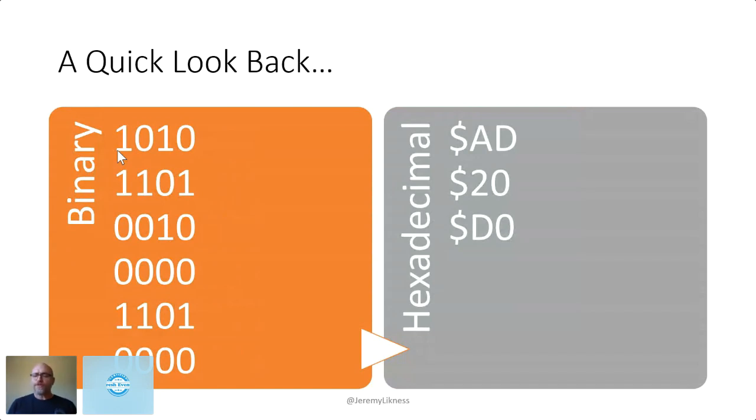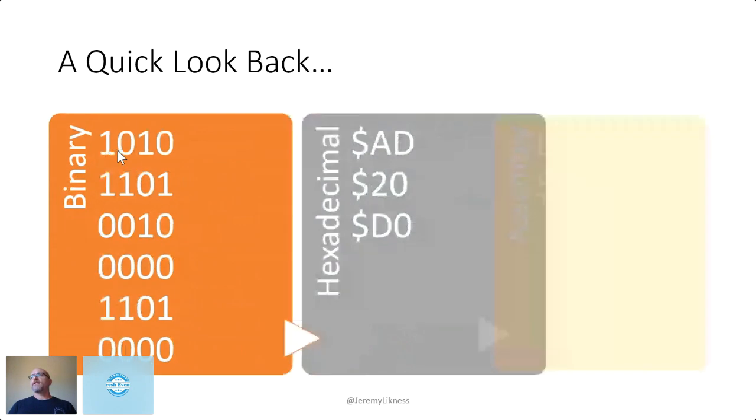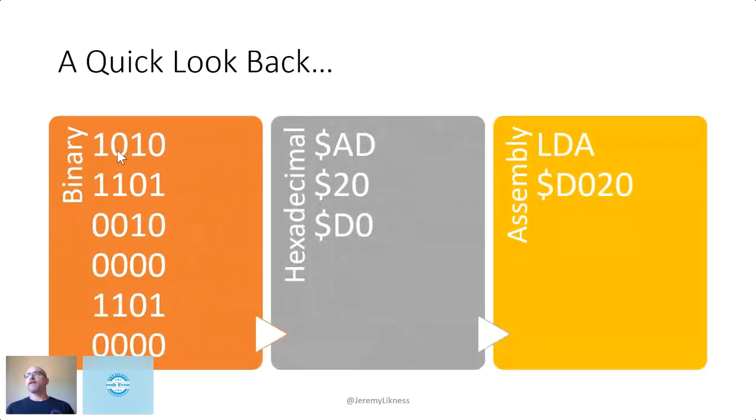AD20D0. Of course, some people said that's probably not good enough. Not everyone knows that AD is an actual instruction to the CPU to load the accumulator, or that 20D0 references a memory address. So let's provide an assembly language that does this in logical terms.